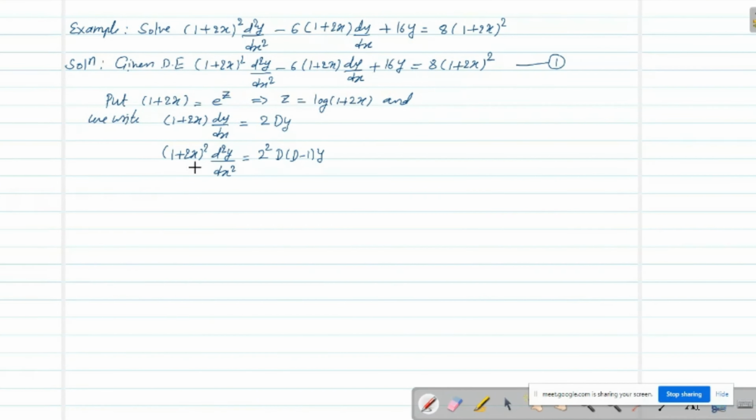Okay. Now if you substitute all these in equation number 1, then equation 1 reduces to a linear differential equation with constant coefficient. Just write down.